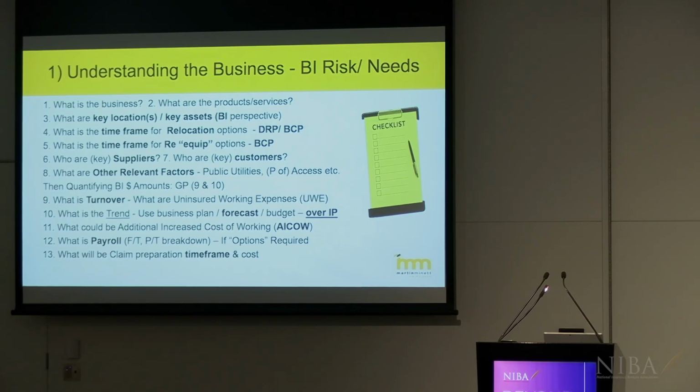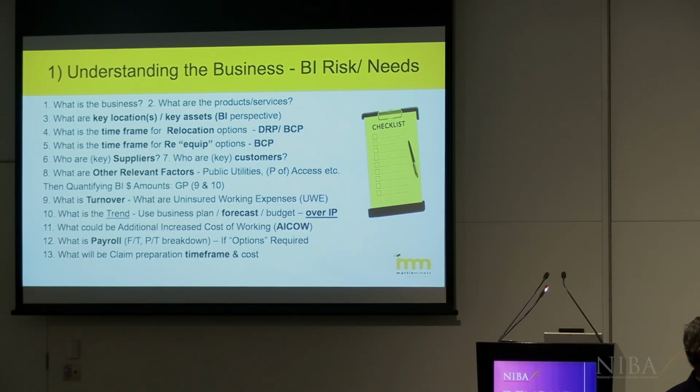The main ones that we talk to them about are 3, 4, 5 and 6 up there, which is really about what's your business continuity plan, what's your key asset, what's your key location, how long will it actually take to reinstate, and not only just reinstate, to get back to business as usual, so that the client is actually talking realistically about how long their indemnity period will be.